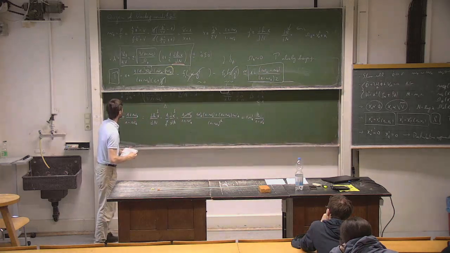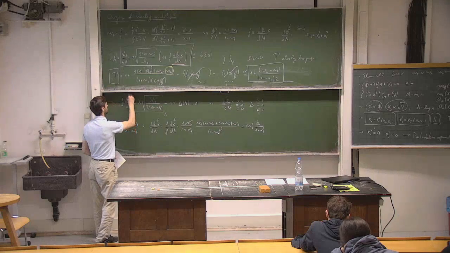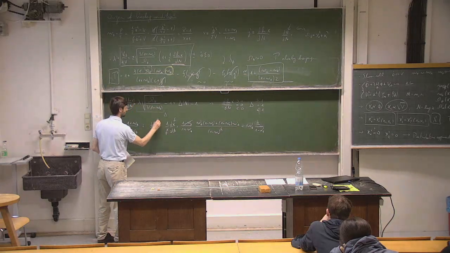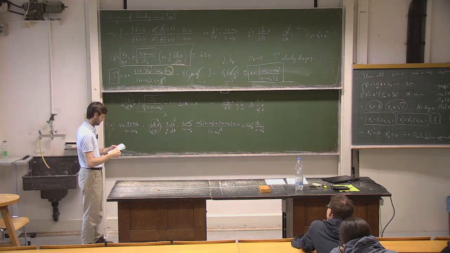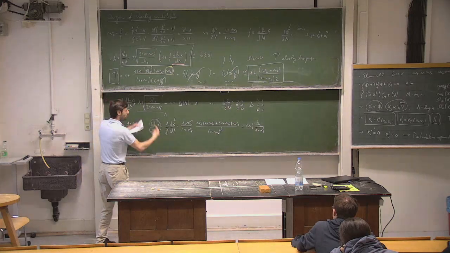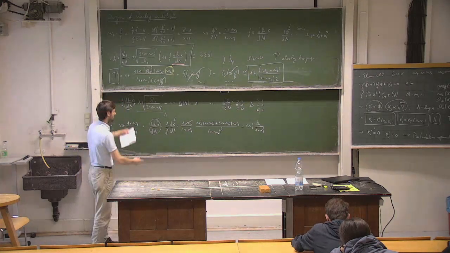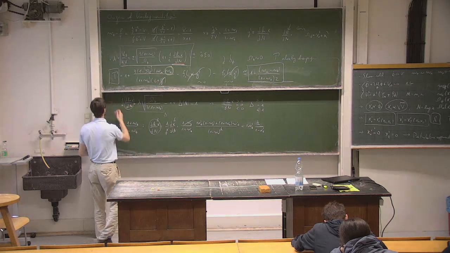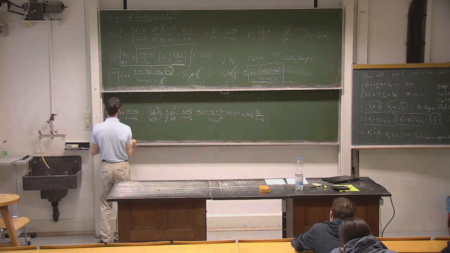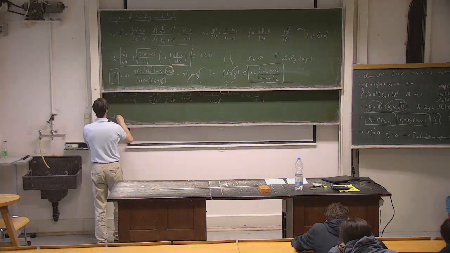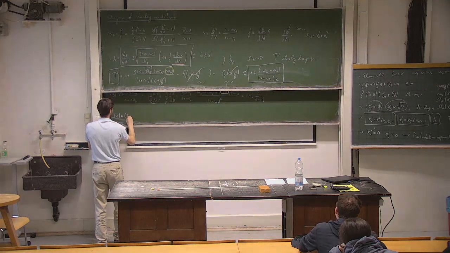Okay, so we have two equations that relate the logarithmic derivative of x, okay? And the two must be the same, right? It's the derivative of the same thing. Therefore, I call it equation A, equation B, and I can then impose equality because they must be the same.